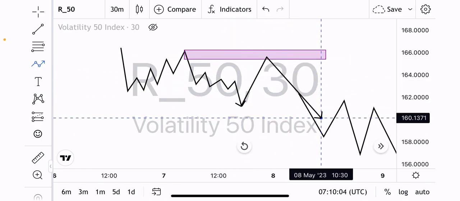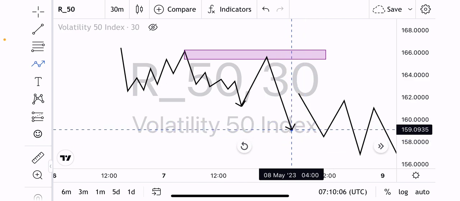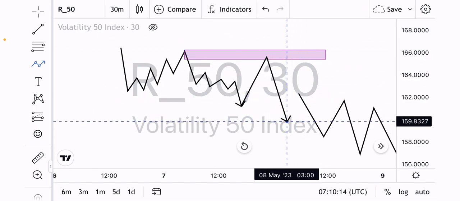Now, it's not just going to move this straight. In fact, some structures will move impulsively, but you are not expecting it to be this straight. There will still be some structures in between the markets, especially on your lower time frame.